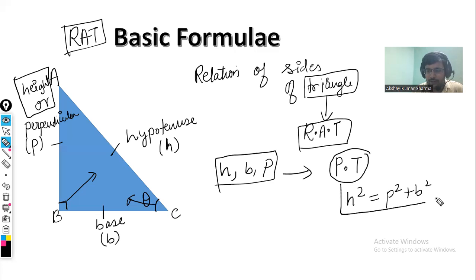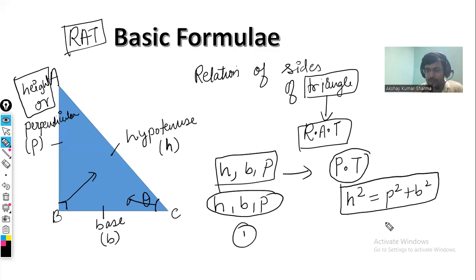So we find that in a right angle triangle there are three unique names, hypotenuse, base and perpendicular, the first thing. And the second thing is that hypotenuse square equals perpendicular square plus base square. So there are two different unique features in this right angle triangle. That's why we can apply the trigonometric ratios only in the right angle triangle, because of these two important features.